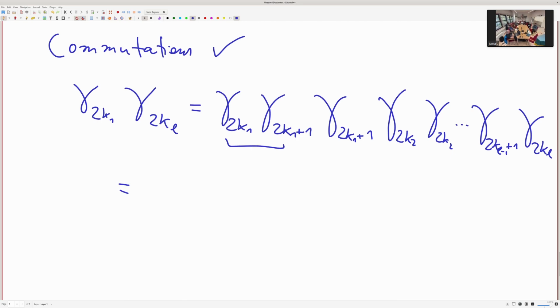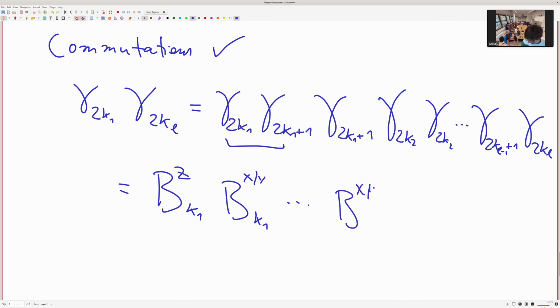So you can see that this first one is just the Z term of K1, and this one will be either an X or a Y, depending on whether K2 is in the X or Y direction compared to K1, and so on. So anything of this form can be written as a string of B operators along a certain path.